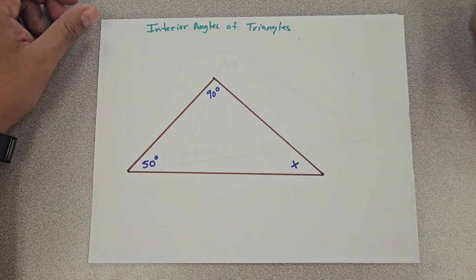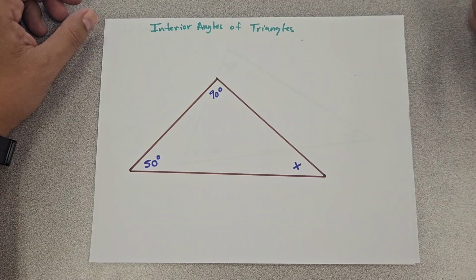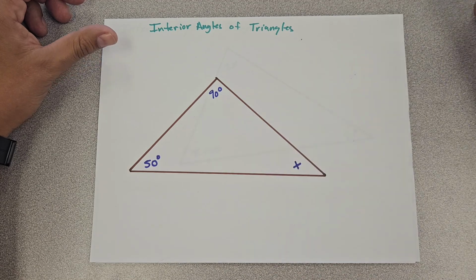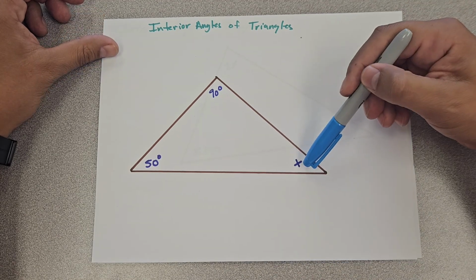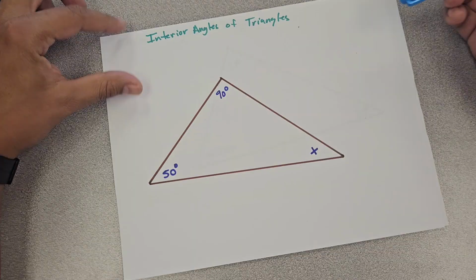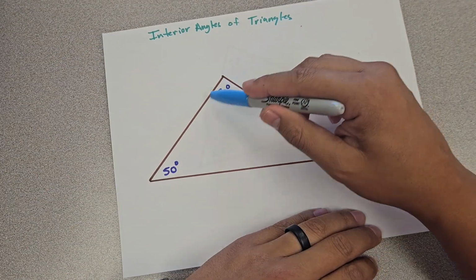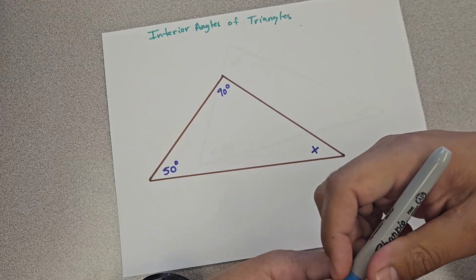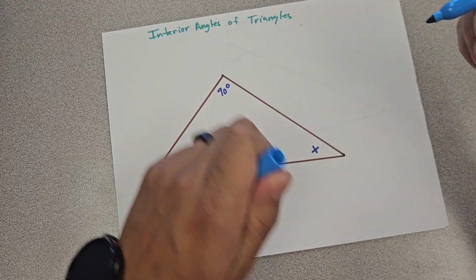Now, usually we've used protractors and stuff to measure the angles, but we can actually use math to figure out angles if we know two of them. If we know two of the angles, we can definitely find the third. And the reason for that is there are three angles in a triangle, and those three angles will always add up to 180.